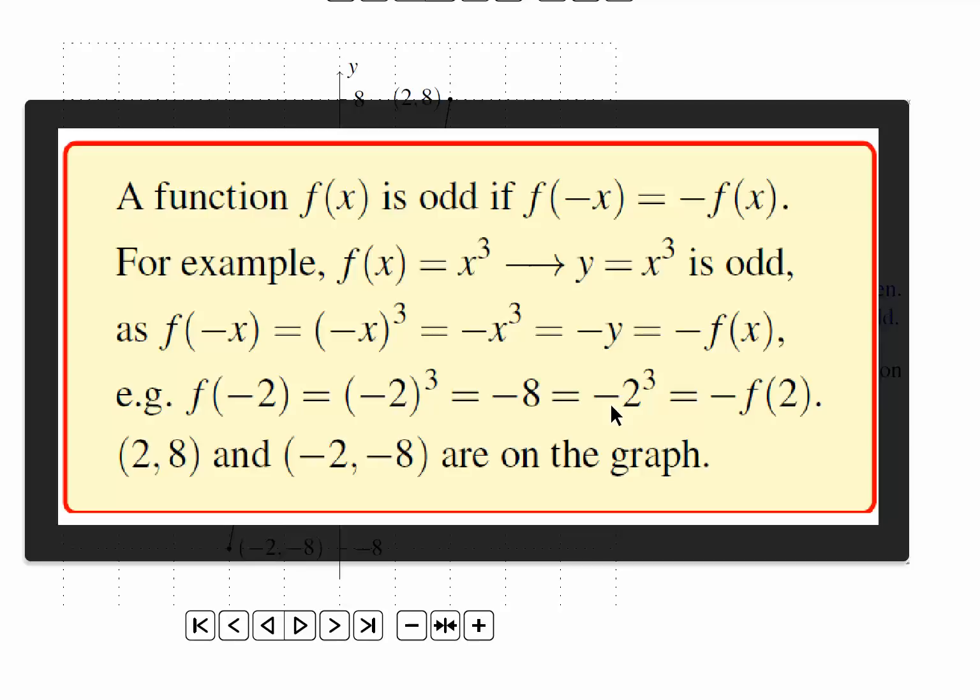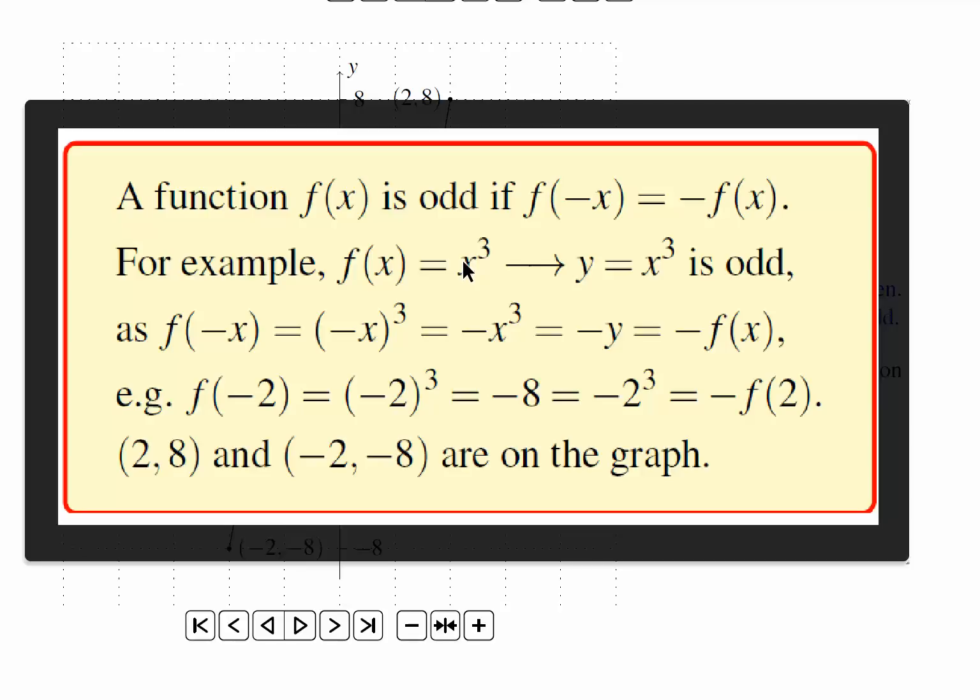Okay. So basically, you have that's negative f of 2. What it says here is that when you have a 2, 8 is on the graph, because when you plug in 2 here, 2 cubed is 8. So you have a 2, 8 on the graph.